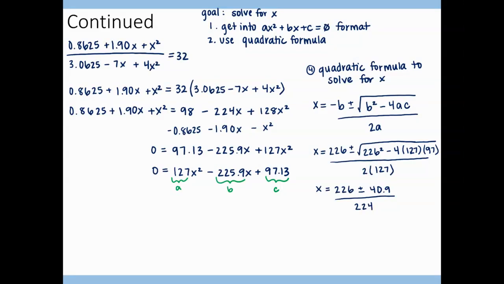When you use the quadratic formula, you're always going to get two x values. So we have 226 plus 40.9 divided by 224 and 226 minus 40.9 divided by 224. We're going to have two values, and then we have to go back to our ICE table and think about which one makes sense. So I'll write the two values here.